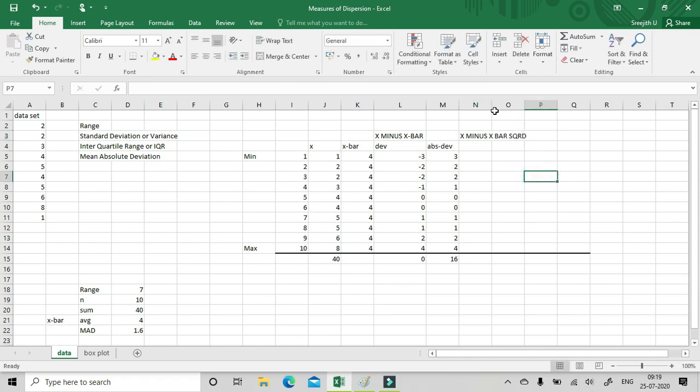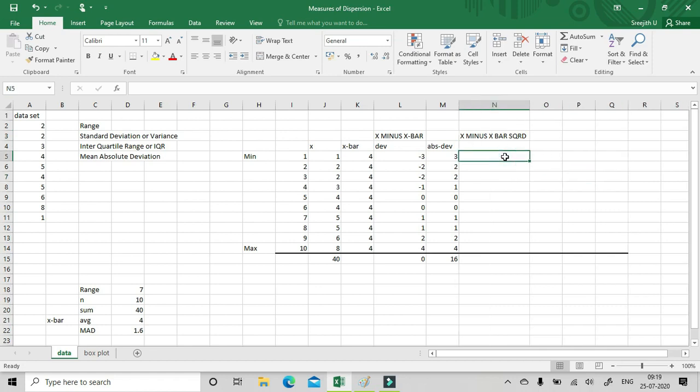Okay, let's square this. Minus 3 squared is 9, minus 2 squared is 4, minus 2 squared is again 4, 1 squared is 1, 0 squared is 0, 0, 1 squared is 1, 1 squared is 1 again, 2 squared is 4, 4 squared is 16.